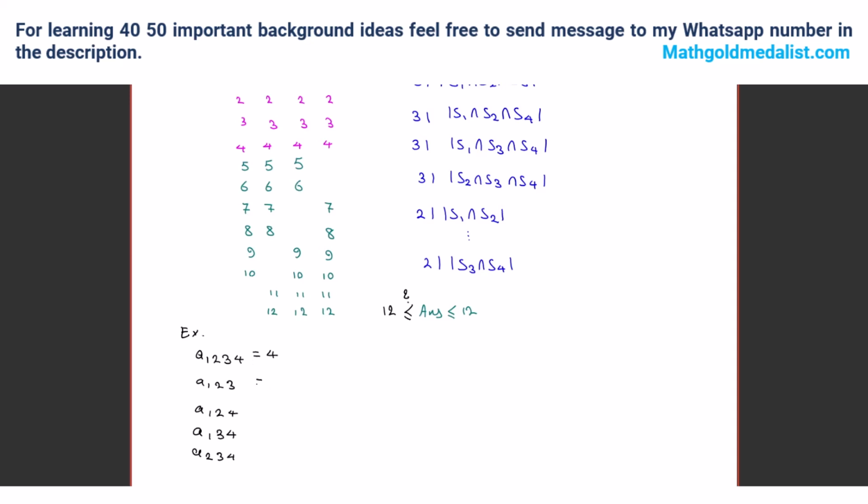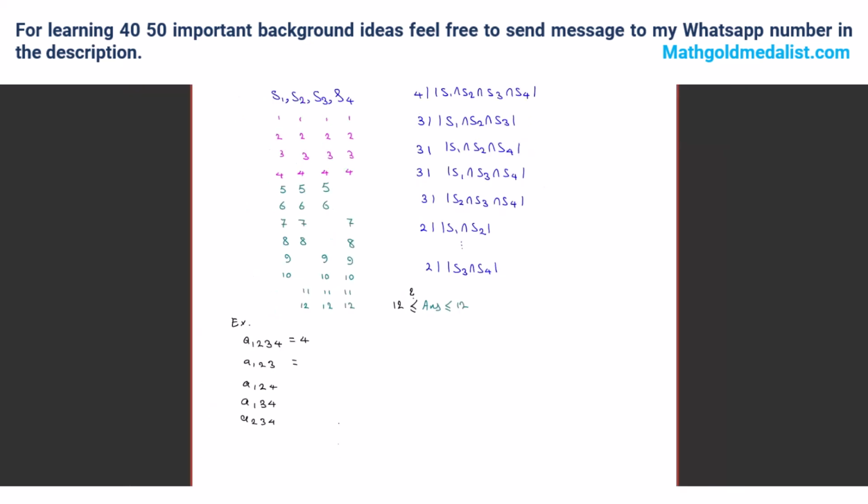So in your example, A123 is what? Only in A123, not A1234, right? Elements that are in only these three subsets. So A123 in your example is what? Can you tell me which elements are exactly this one, this one, this one?